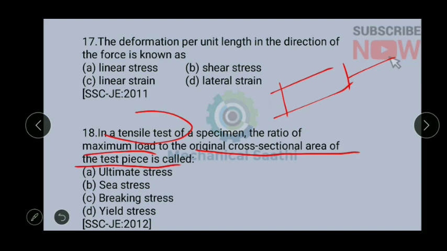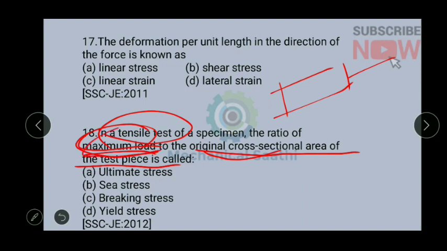Okay, so basically tensile stress is the ratio of the maximum load to the original cross-sectional area. We get the maximum stress at the ultimate point, so the maximum load can be applied at the ultimate point.